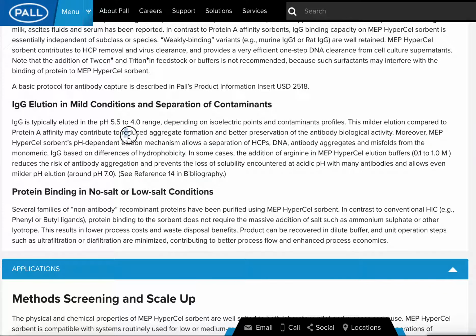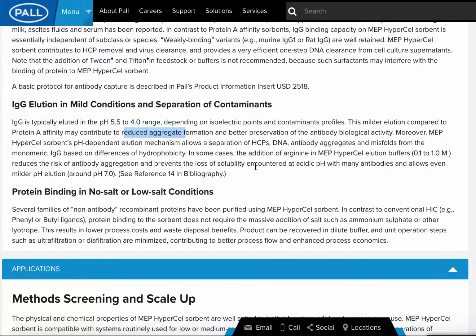So that's mostly why it's a good choice of chromatography. Moreover, MEP HyperCel sorbent's pH dependent elution mechanism allows the separation of HCPs, DNA, antibody aggregates, and misfolded forms from the monomeric IgG based on differences of hydrophobicity.